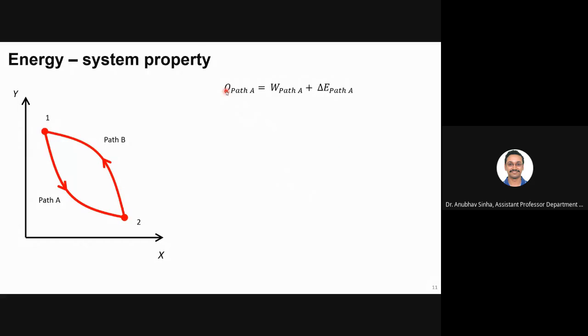So the heat supplied for path A, Q, will be equal to the total work done during that path plus delta E, the change of internal energy from point 1 to point 2. Right? These all are path dependent. Similarly, I can do the same equation for path B. I can say the heat supplied for path B is equal to work done plus delta E. Right?